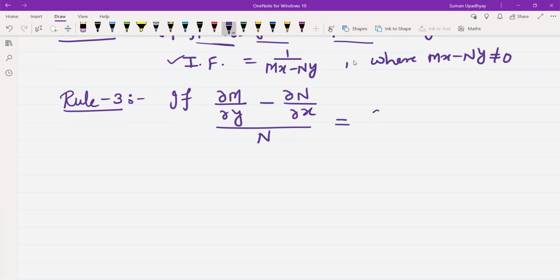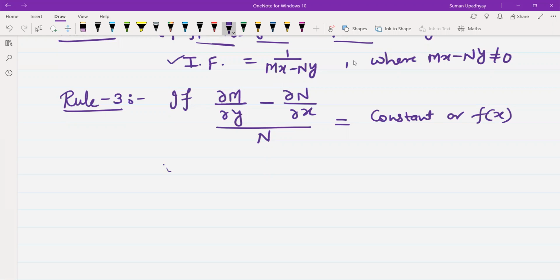If it comes out to be a constant, or a function of x only, we write it as f of x. So we calculated this factor (del M by del y minus del N by del x) upon N, and we got it as some function of x only.